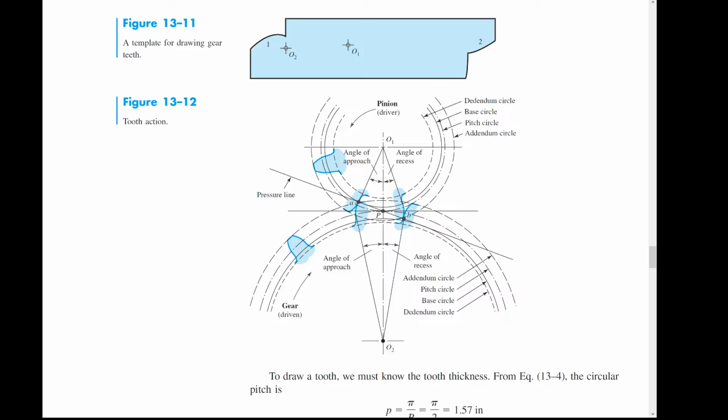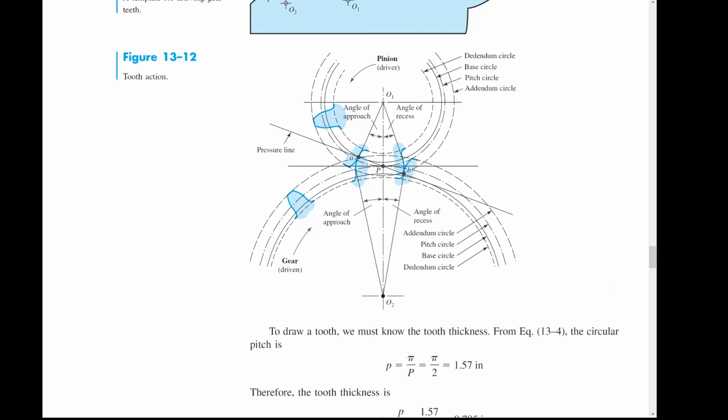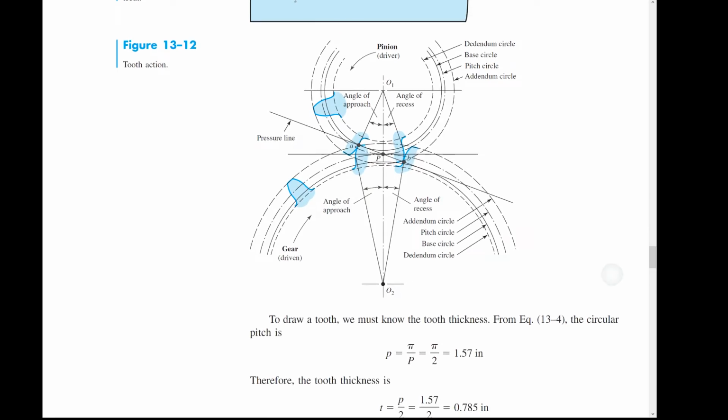Dedendum circle, base circle, pitch circle, addendum circle, angle of recess, angle of approach, and let's see, do we have a turning direction? So how do you know which one's the approach? Approach, angle of recess. Okay, so coming in, coming out. Coming in, touching, going out, leaving. I see, it's deeper in there.